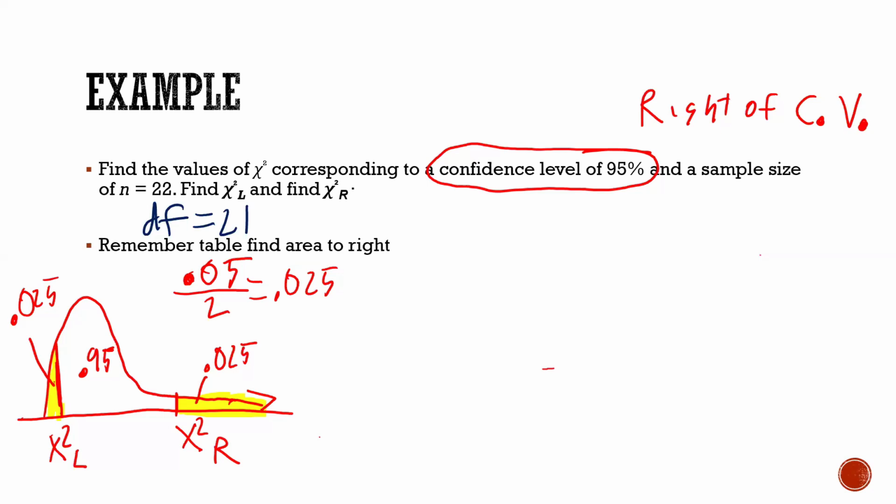Well, what's the area to the left, everybody? So what's the area to the right? Well, what does it add up to altogether? Yeah, 97.5. There's two ways you can think about this, right? What's the area to the left?